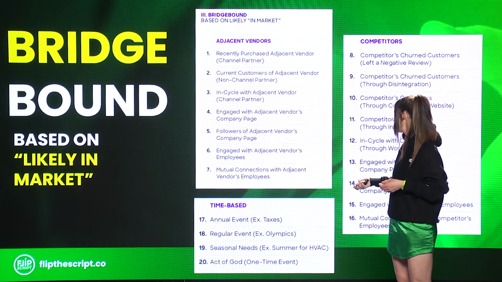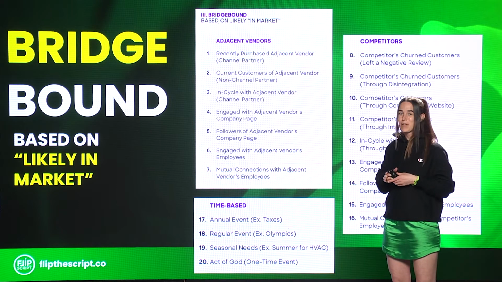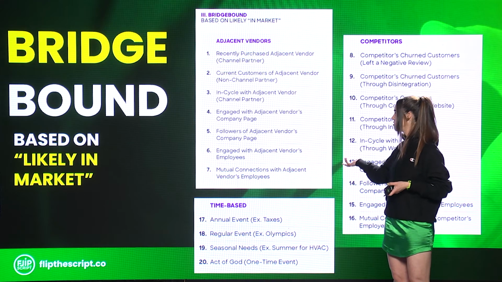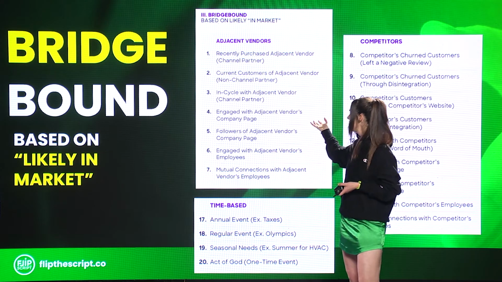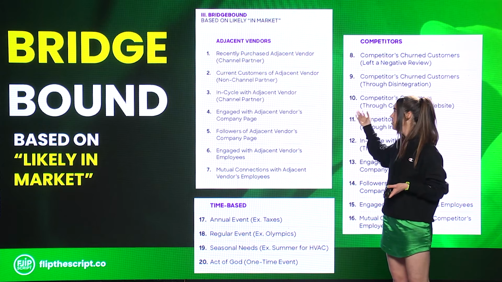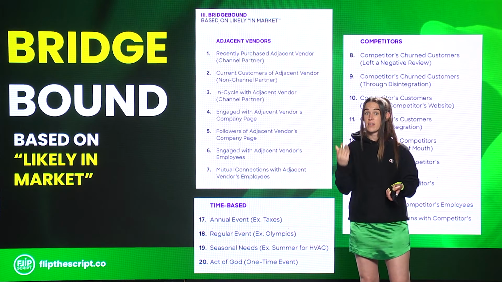Or maybe seasonal needs of HVAC units, for example, solve a lot of problems for people in Texas in the summer. So during the summer, you would have some type of trigger for something that put them likely in market for an HVAC unit, for example. But then you have a number of different plays where they took an action which makes you think that they're likely in market.